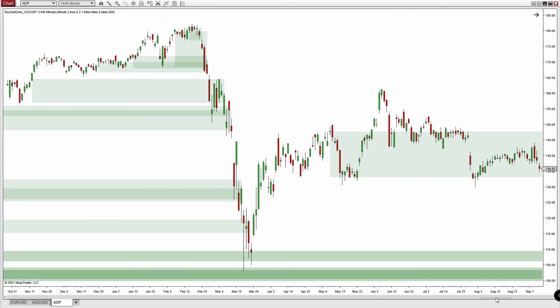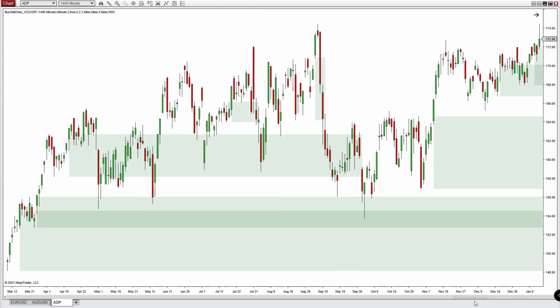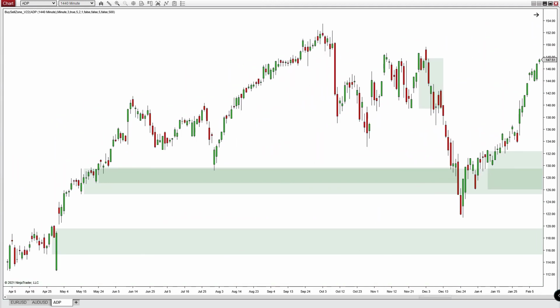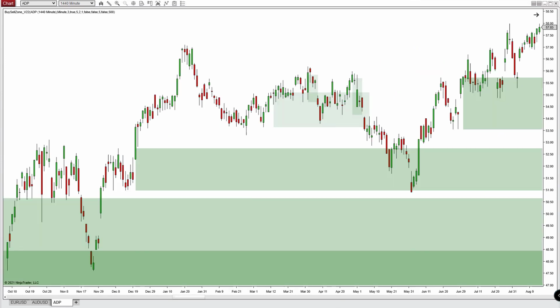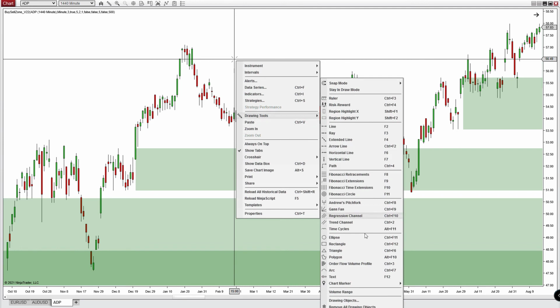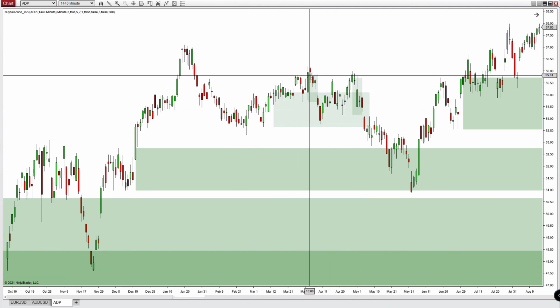Let me find another example. I'm trying to find an example where we break through a zone 1, but not the zone 2. Okay, this is perfect. So let's get our numbers. Okay, here's zone 1.